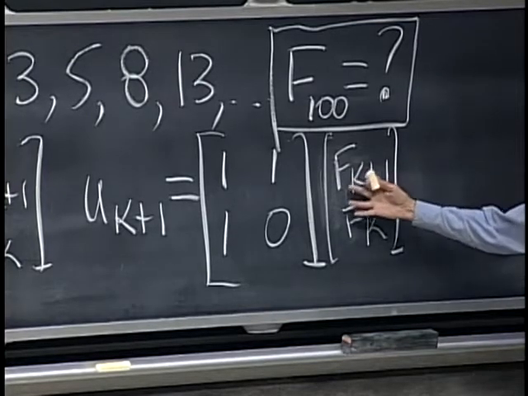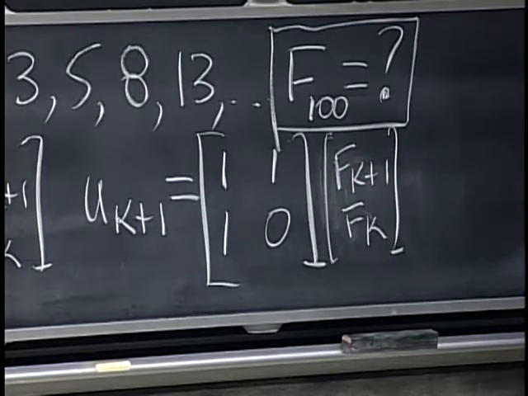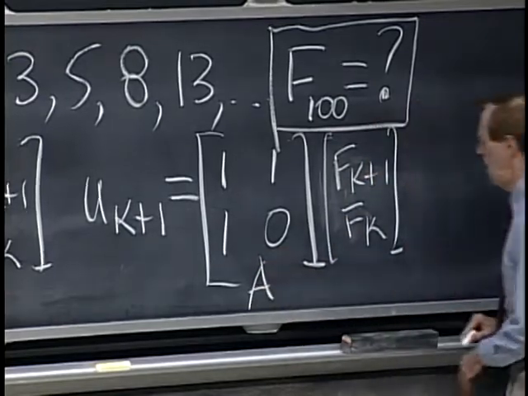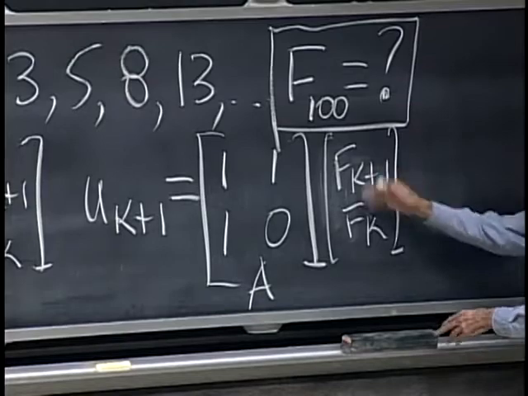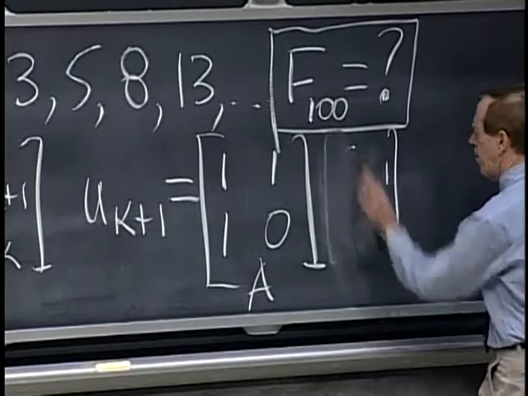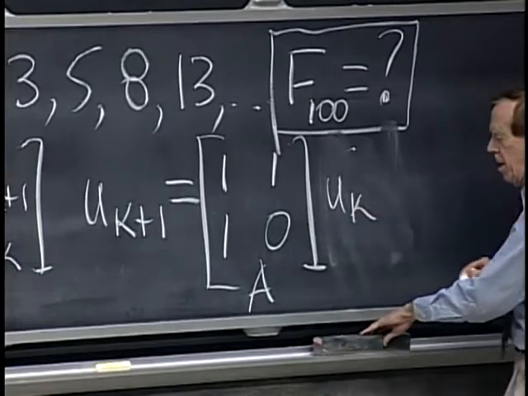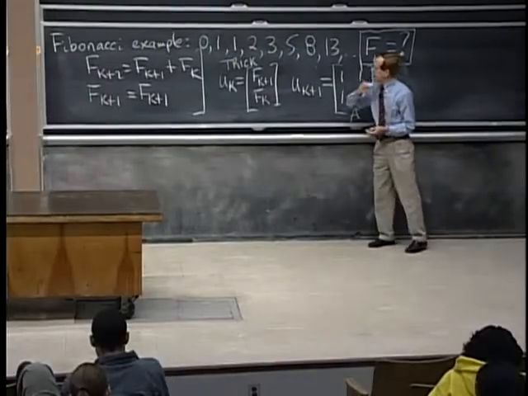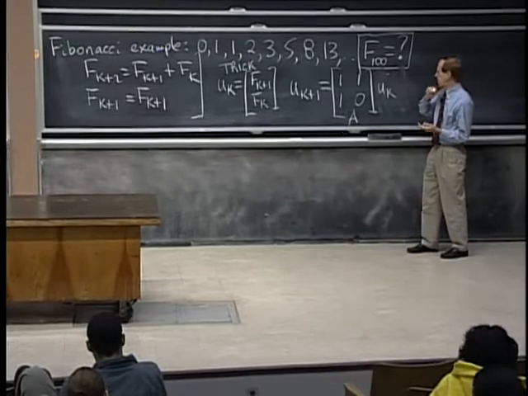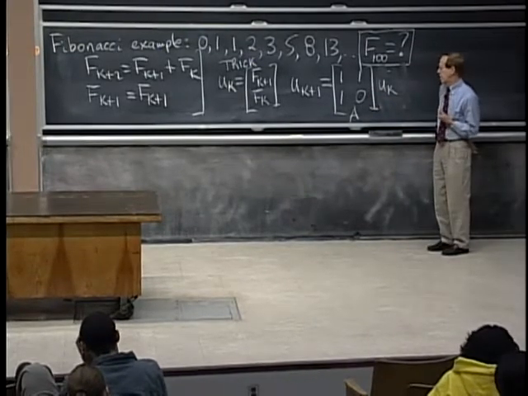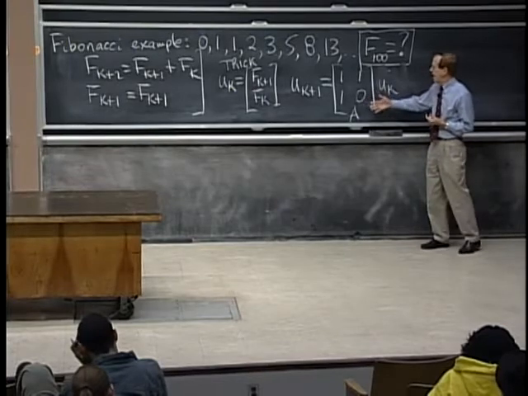You see that gives me the right-hand side. So there's the matrix A, and this is our friend uk. So that simple trick changed the second order scalar problem to a first order system with two unknowns, with a matrix, and now what do I do?